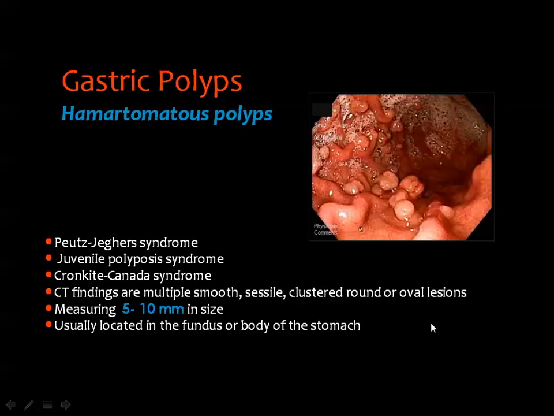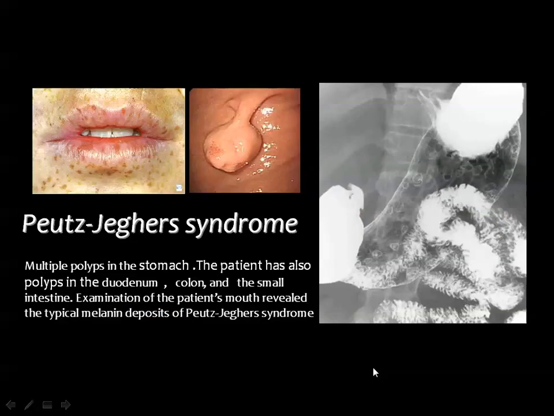Then gastric hamartomatous polyps are seen in many of the polyposis syndromes, like Peutz-Jeghers and other syndromes that can show many polyps in the gastrointestinal tract. One of the well-known of these syndromes is the Peutz-Jeghers, where you can see polyps in the stomach, and anywhere, and the polyps are of hamartomatous nature.